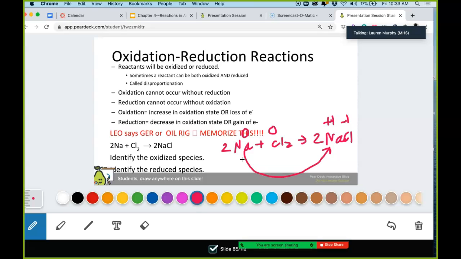Losing electrons is oxidation. So this is your oxidized species. By default, that makes this guy your reduced species, but let's talk about why it's reduced. The chlorine gains 1 electron to become -1. Gaining electrons is reduction. So this is your oxidized species and this is your reduced species. Questions?